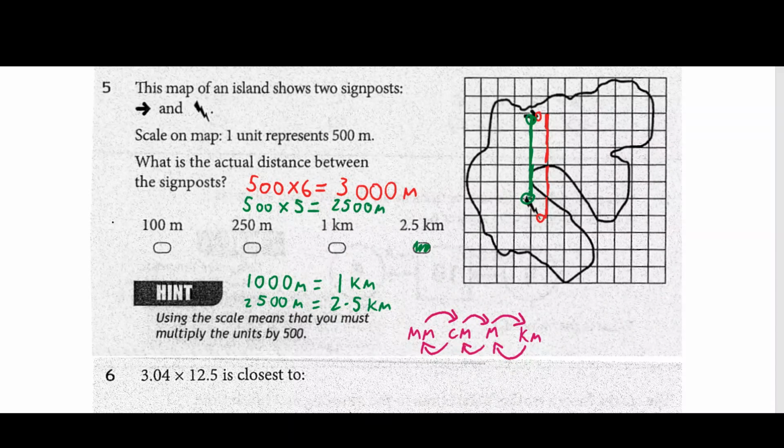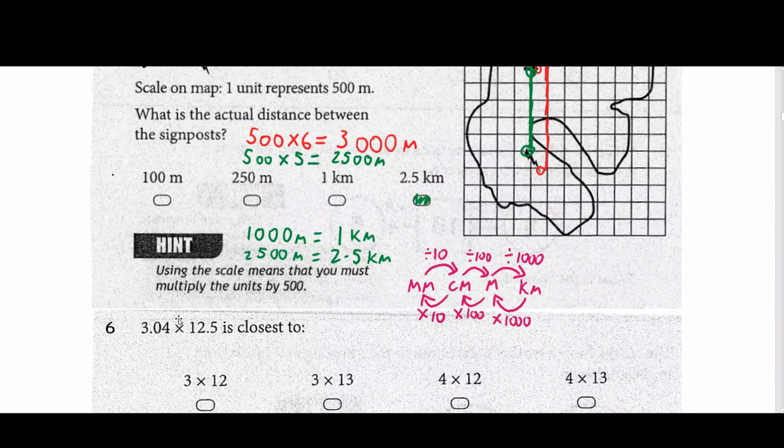So to go from millimeters to centimeters, we divide by 10. Centimeters to meters, we divide by 100. Meters to kilometers, we divide by 1,000. Kilometers to meters, we times by 1,000. Meters to centimeters, we times by 100. Centimeters to millimeters, we times by 10. Okay.